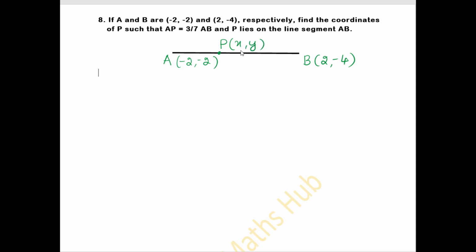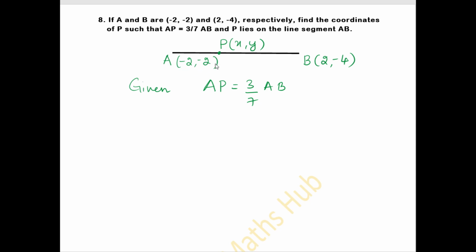So P is (x, y). Now the point P divides the line segment AB in the ratio m is to n, but we need to find out the ratio. What is the given condition? The given condition is AP equals 3/7 times AB.